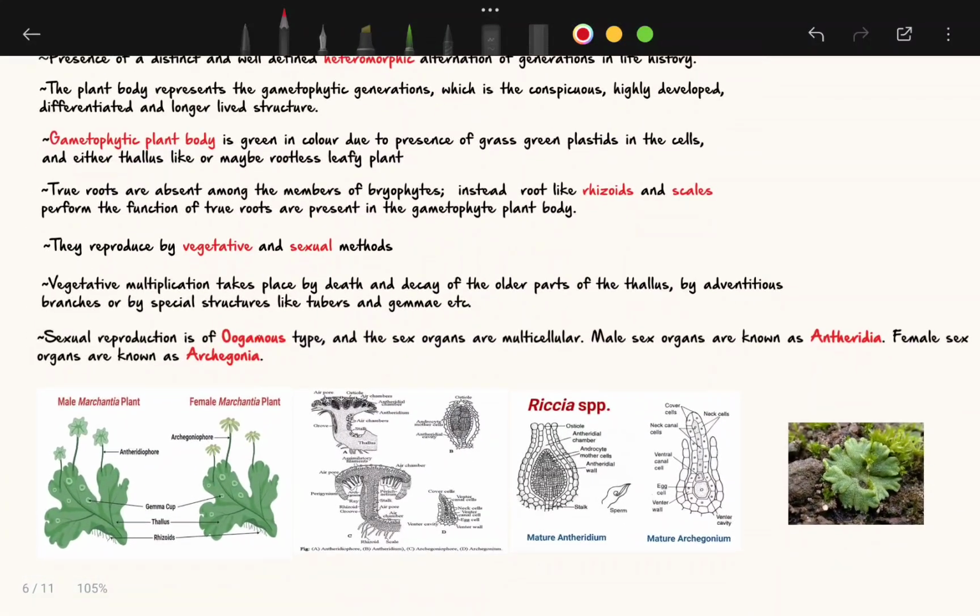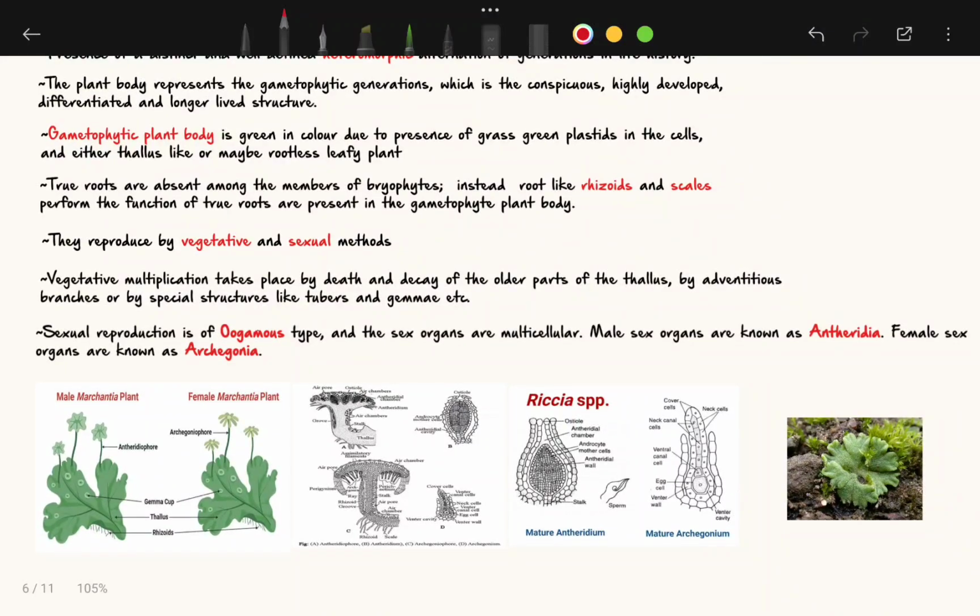The second type of reproduction is sexual reproduction. Sexual reproduction in bryophytes is of the oogamous type. Oogamous is a heterogamous type of reproduction, which means that the male gamete and the female gamete are different in size and structure.